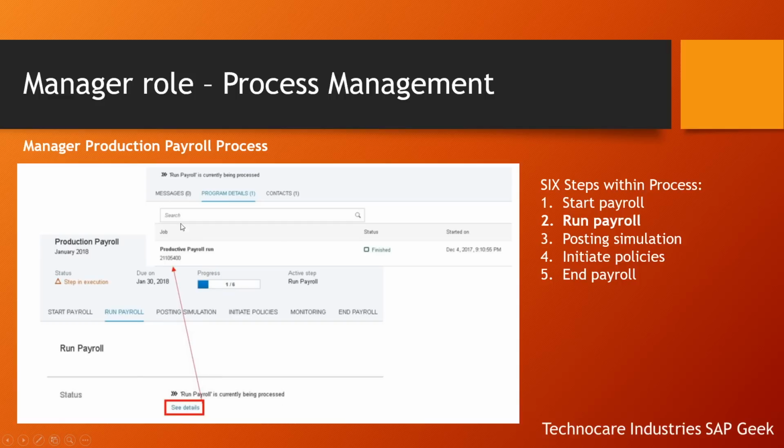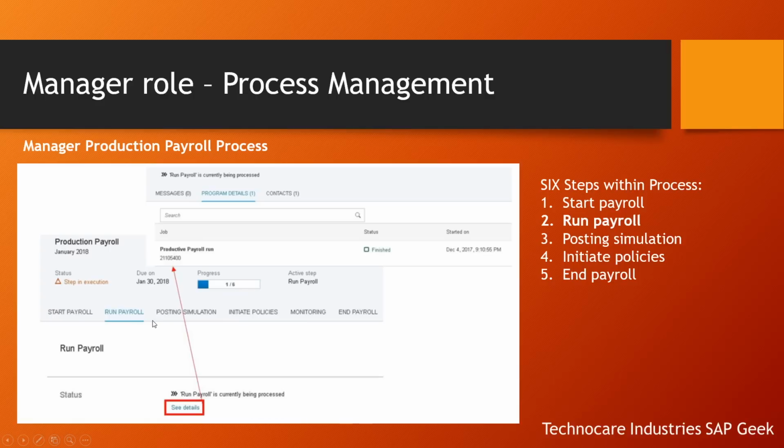If you go here, you will be able to see this productive payroll run, and this number is nothing but the job in SM37. So if you click on here, you will be able to check the actual payroll log of all the employees for which payroll was processed, right? The same thing can be checked in SM37 from the backend ECP system, but the same log will be called over here. Okay, so this is the second step.